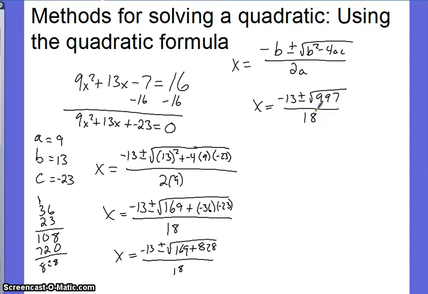Now again, once we have this in our radical form, we could leave it like this, or we could try to simplify the square root. Think of numbers that would go into this. Now I don't believe that 997 can be taken out, or 9 doesn't go into it evenly. I don't believe there's any other numbers, so we would leave it as -13 plus or minus the square root of 997 over 18.